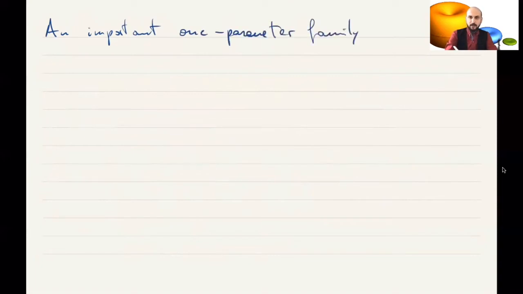So let me discuss an important one parameter family of Lie algebra homomorphisms.